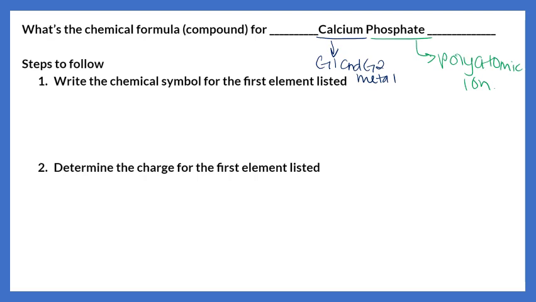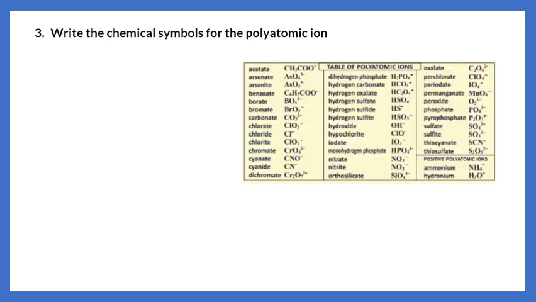Step 1 says to write the chemical symbol for the first element listed. So calcium is Ca. Step 2 says determine the charge for the first element listed. Calcium is in group 2 of the periodic table, meaning it takes a +2 charge. Okay? So we have our calcium with our +2 charge.